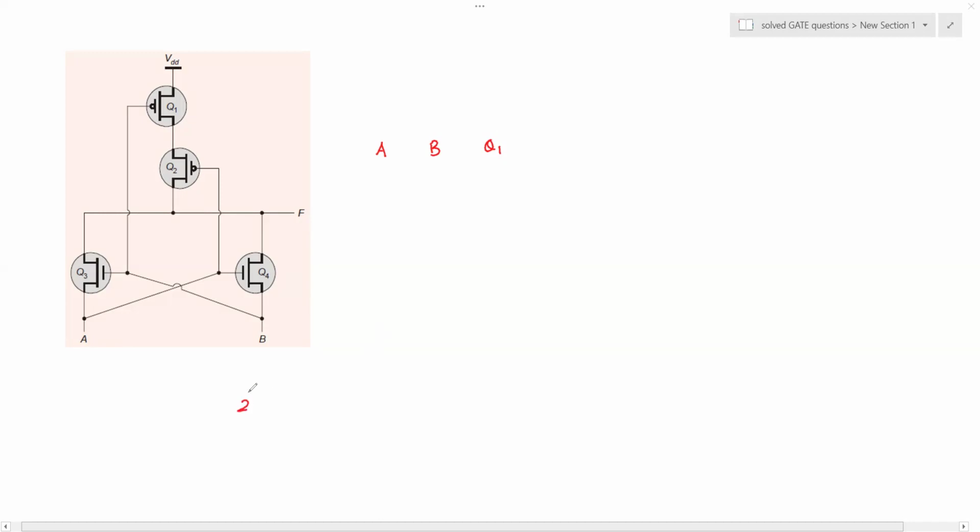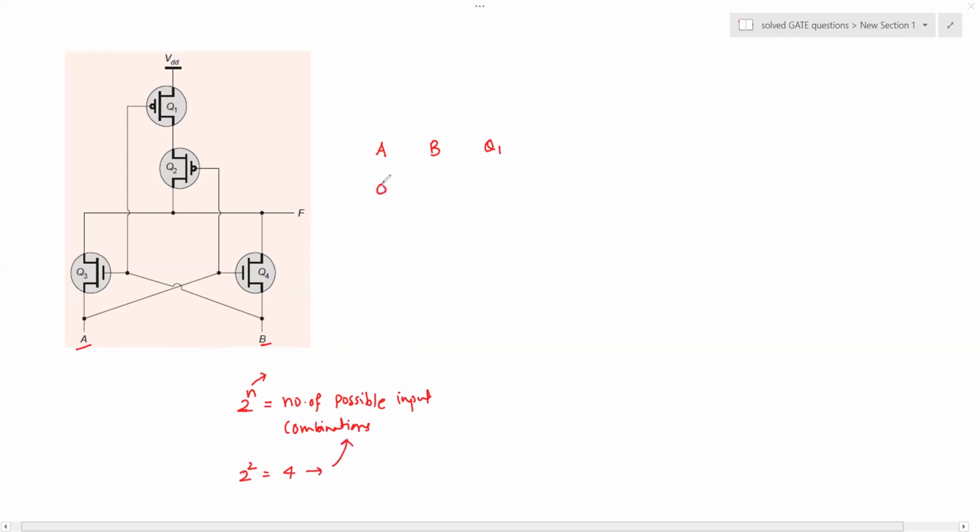So 2 to the power n would be the number of possible input combinations, where base 2 indicates it's the binary system, or the binary logic which is used in computers. So n is equal to 2 because you have two inputs. Therefore 2 to the power 2 is equal to 4 total possible input combinations.